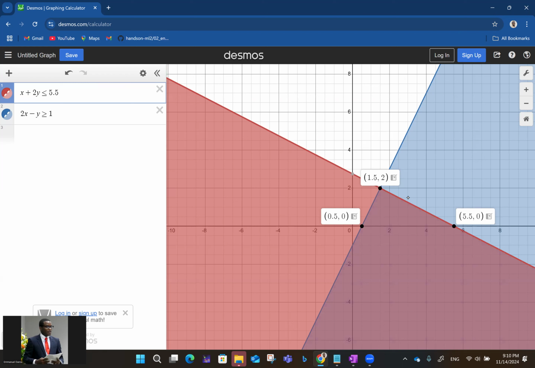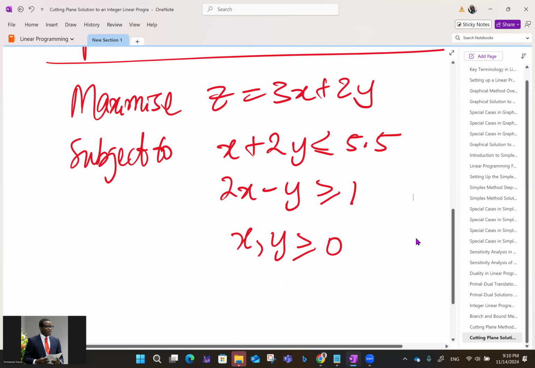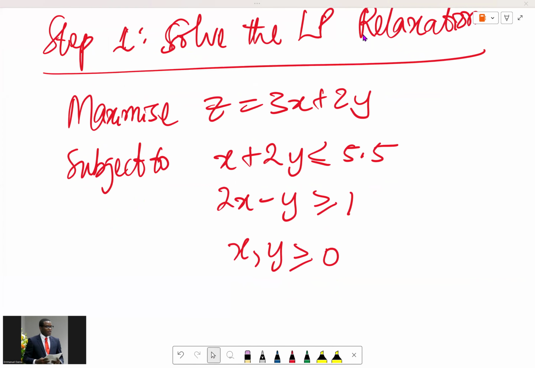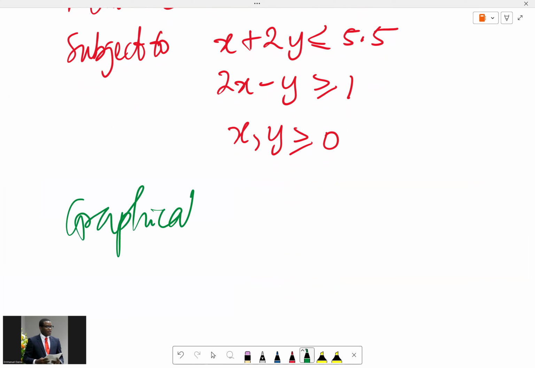So we go back to what we have. Now we are talking about the solution, so let me just say graphical solution.